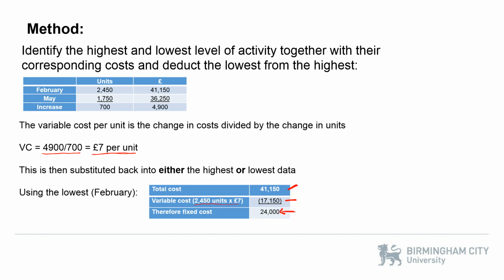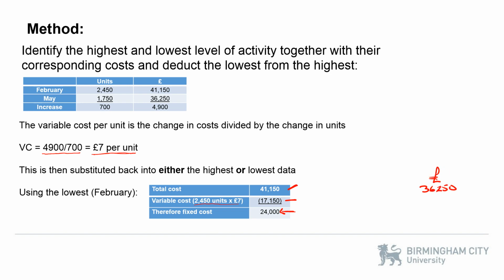So we know variable costs £7 a unit, fixed costs 24,000. Now just to prove that we could have used either level of activity, I'm now going to do the same calculation using the May figures. So the total cost at May was 36,250.